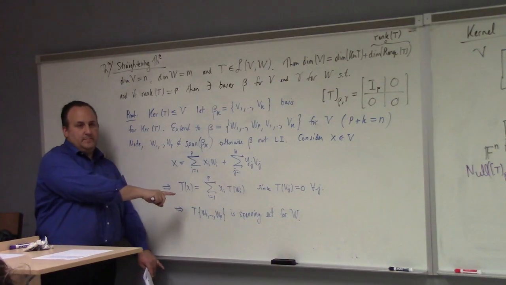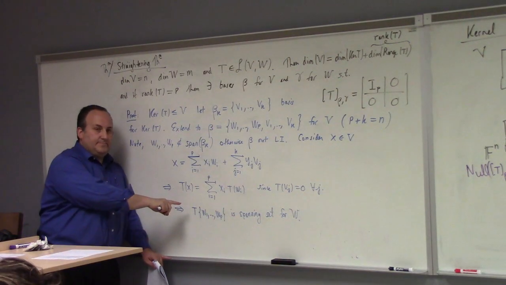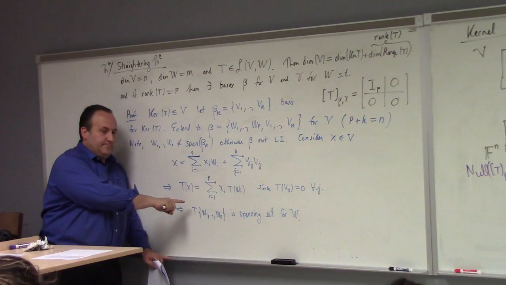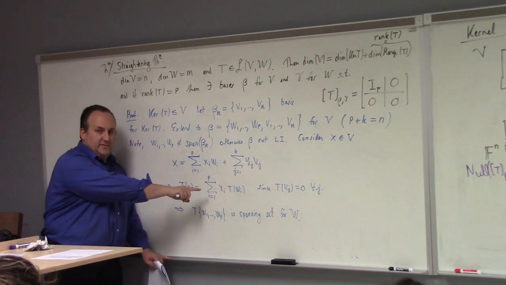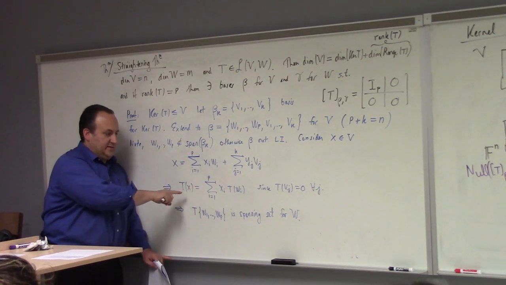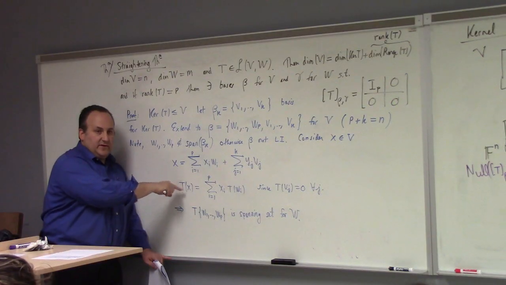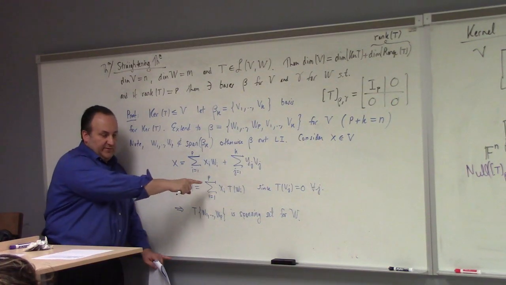See that? x is arbitrary. This is a linear combination of the T of Wi's that gets T of x. That's an arbitrary point in the range. We just built it from the T of Wi's.